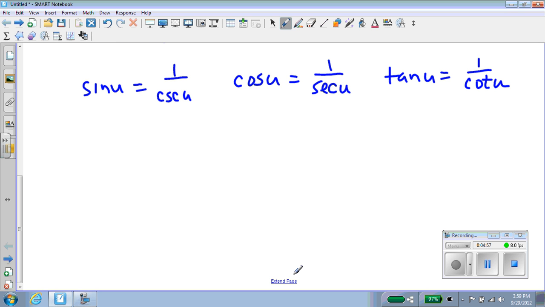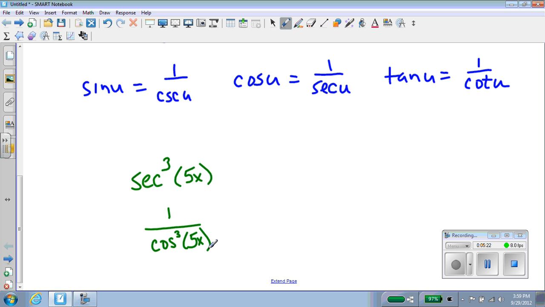So for example, if in a problem I had secant cubed of 5x, I could replace that with 1 over cosine cubed of 5x.